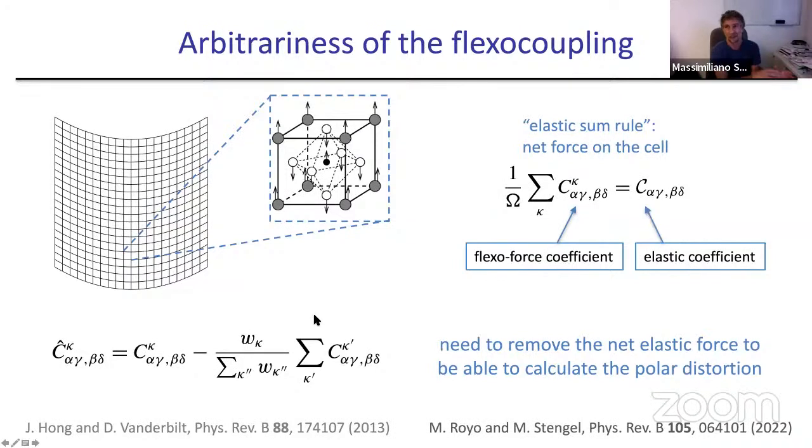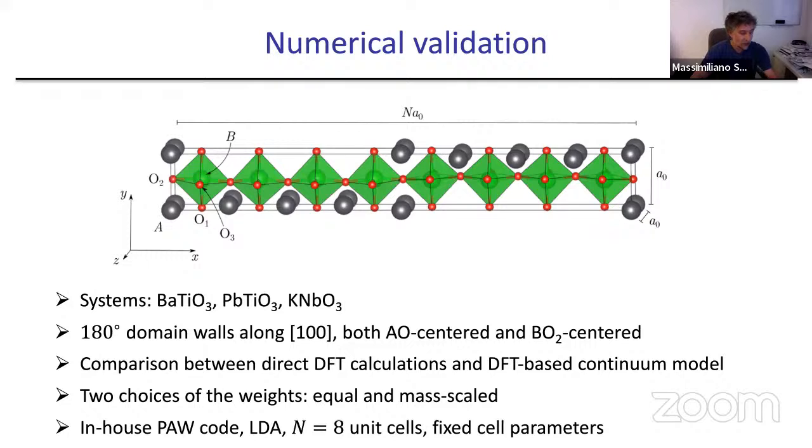And this matches what I said in the previous slide about the definition of the strain. It is the same issue, just two different manifestations. So this is enough, I guess, for the conceptual part. Let me get into the numerical test.